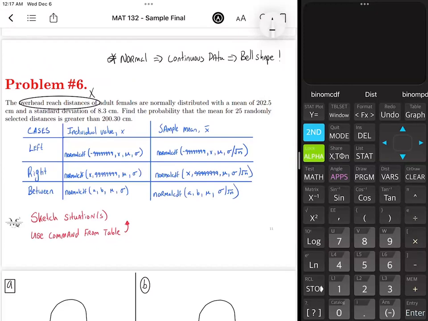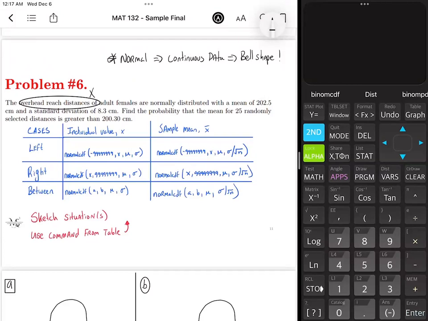Now, the picture that you draw sort of helps you to see whether or not you have a left, right, or between case. And notice that the difference between individual values and sample means is that in the sample means, you have to compute a standard error. The standard error is just simply the standard deviation divided by the square root of n.